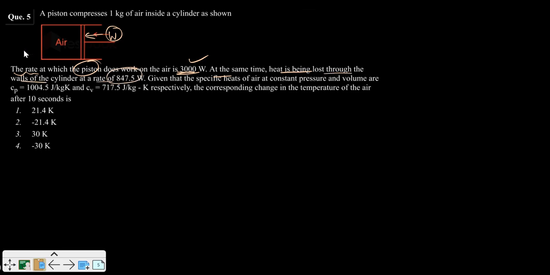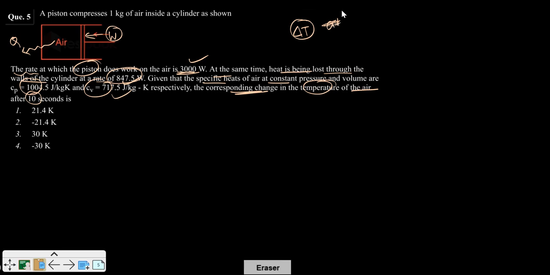So during this time some heat is being lost, and this is Q, and this is given over here, right? So given the specific heats of air, Cp and Cv values, we need to find out the change in temperature of air after 10 seconds, right? So del T value we have to calculate after 10 seconds, right?